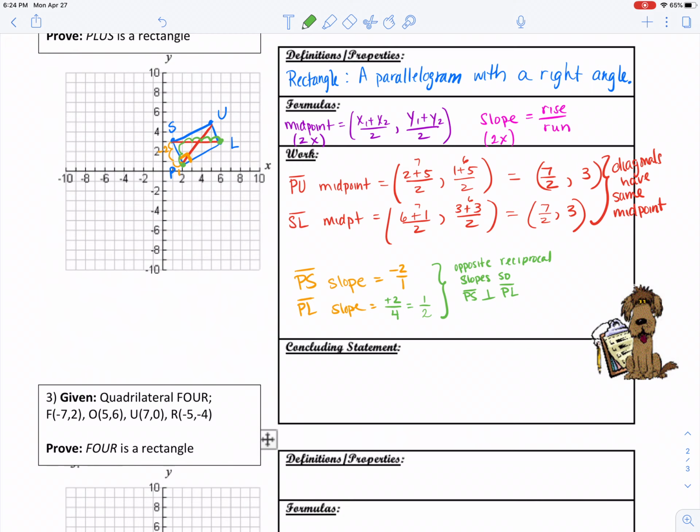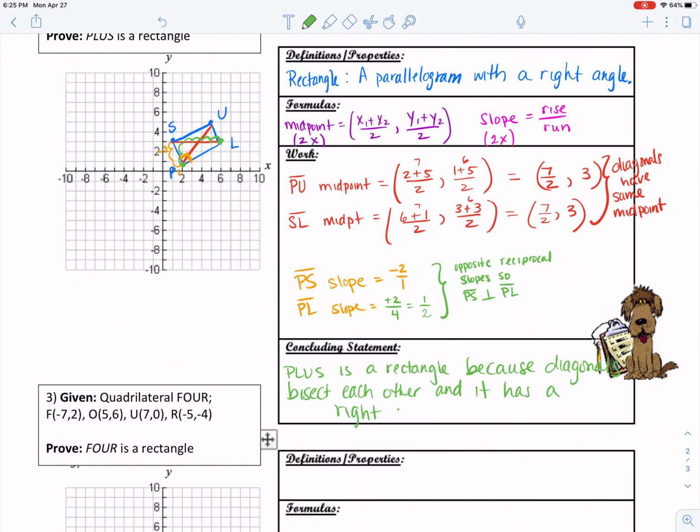Now I'm ready to conclude that PLUS is a rectangle because diagonals bisect each other and it has a right angle.